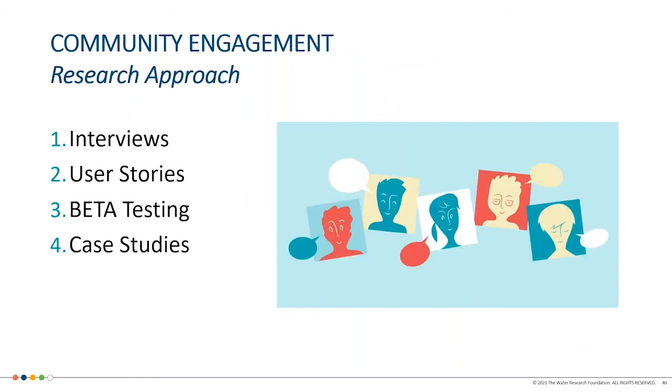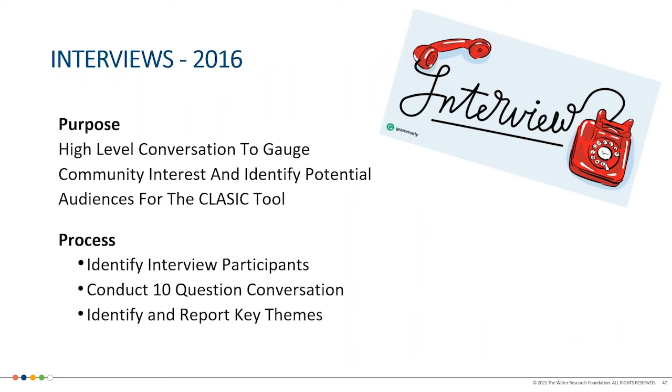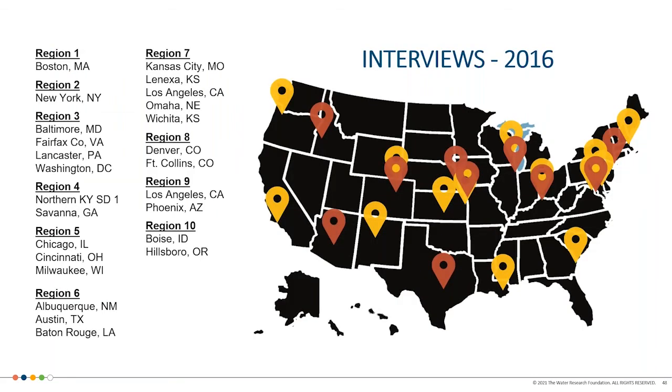We did a variety of things. We did interviews, reaching out to communities of various sizes, different folks in the stormwater biz, contractors, municipalities, rural water folks, all sorts of folks, to find out what the drivers were for their potential engagement with CLASIC. These are the folks we reached out to.